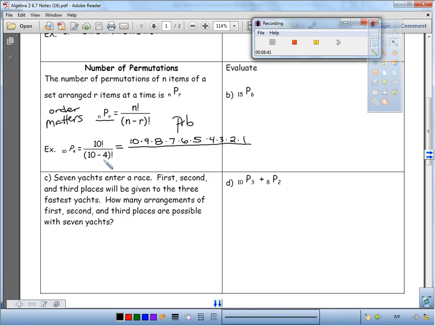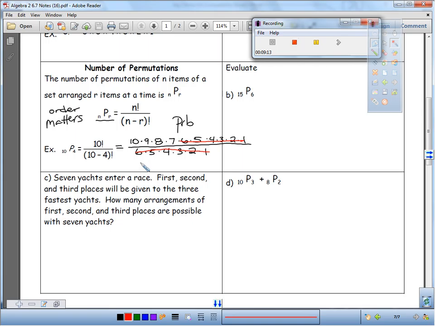Thank you. So then that's 6 factorial, which is 6 times 5 times 4 times 3 times 2 times 1. What's nice about this is I know what 6 divided by 6 is, and 5 divided by 5, and 4, and 3, and 2, and 1. So basically, these will all reduce to 1. So what I really just need to multiply is 10 times 9 times 8 times 7.